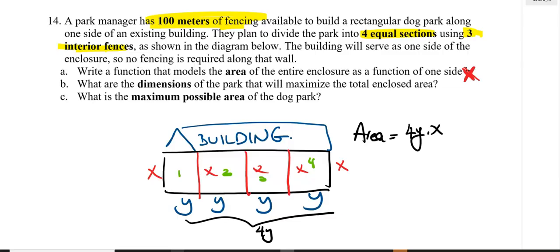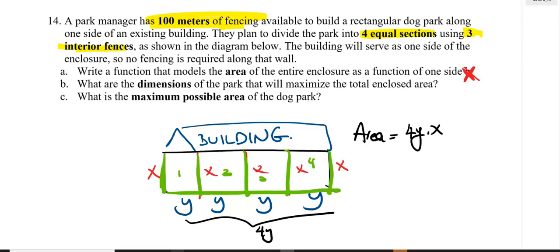Now, we can't use the area with two variables. The area should be in one variable. There is a relationship between x and y though, right? Because we have 100 meters of fencing, and the fencing will be done here, here. All this will be fencing.